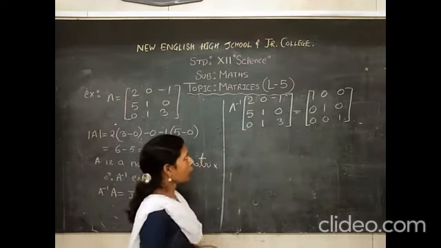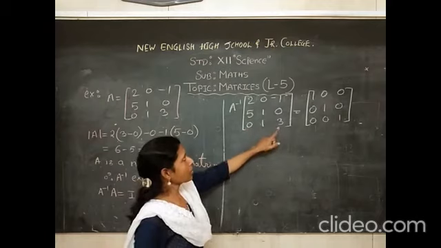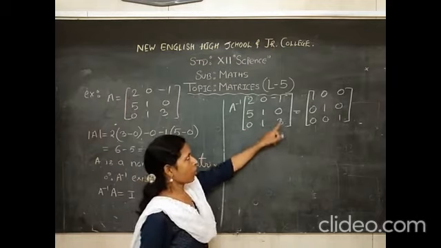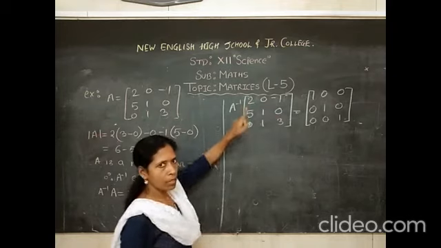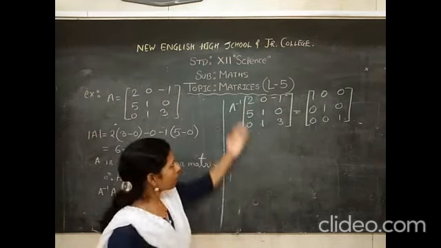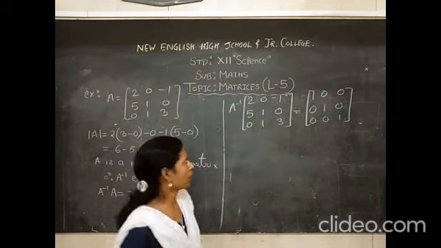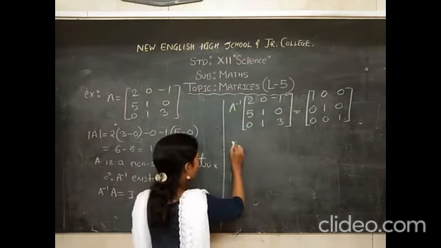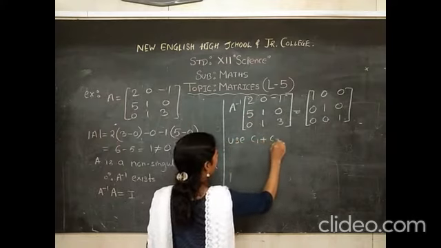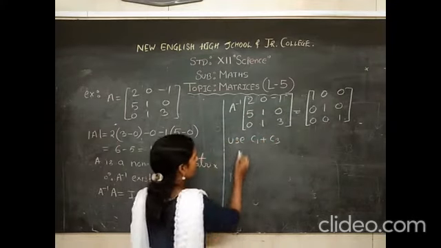Or if you want, you can interchange first column and second column, but then this minus 1 will come here and again you have to multiply it by minus 1 to get 1. So better is C1 plus C3. This is the better choice. Okay children, we will use C1 plus C3.